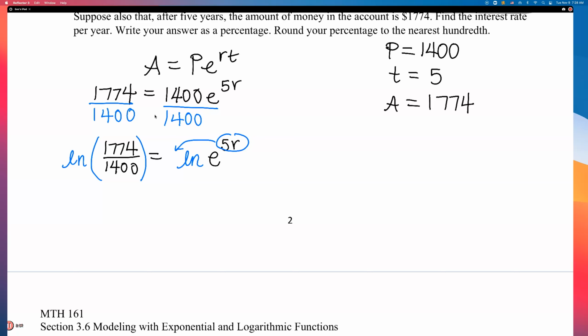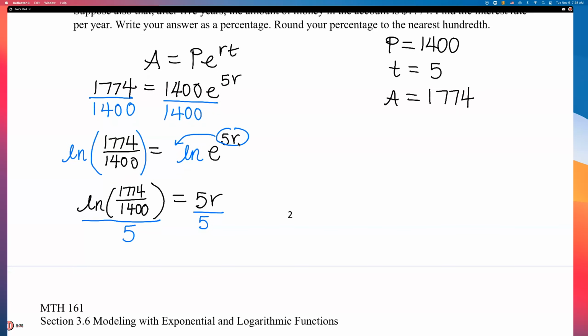So the next line, I'll write down natural log of 1774 over 1,400, and that equals just 5r, because natural log of e will turn into 1 once that 5r comes down. So what is the very last step? I just need to divide both sides by 5 to find r.